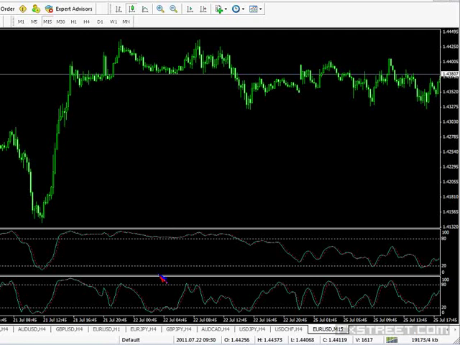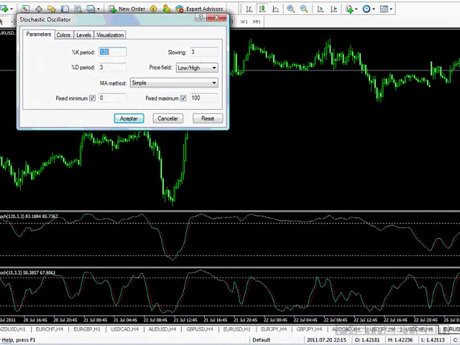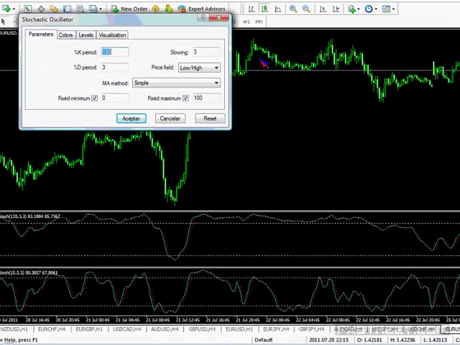Anyway, I will enlarge the stochastics a bit. As you may see, I have a very fast one and a very slow one. We are going to take a look at the settings. The slower one is a 120 period, 3, 3.